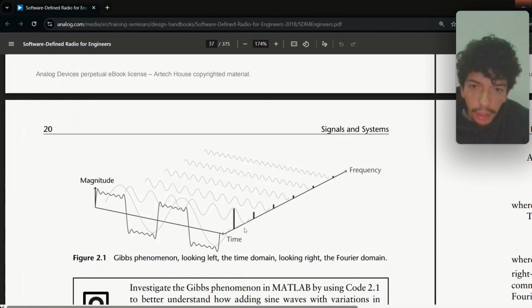This signal, okay, and combined or matched with this axis we have a signal in time, magnitude versus time, an analog signal. Perfect. But if we match this axis of frequency with this axis of time, we have discrete signals.